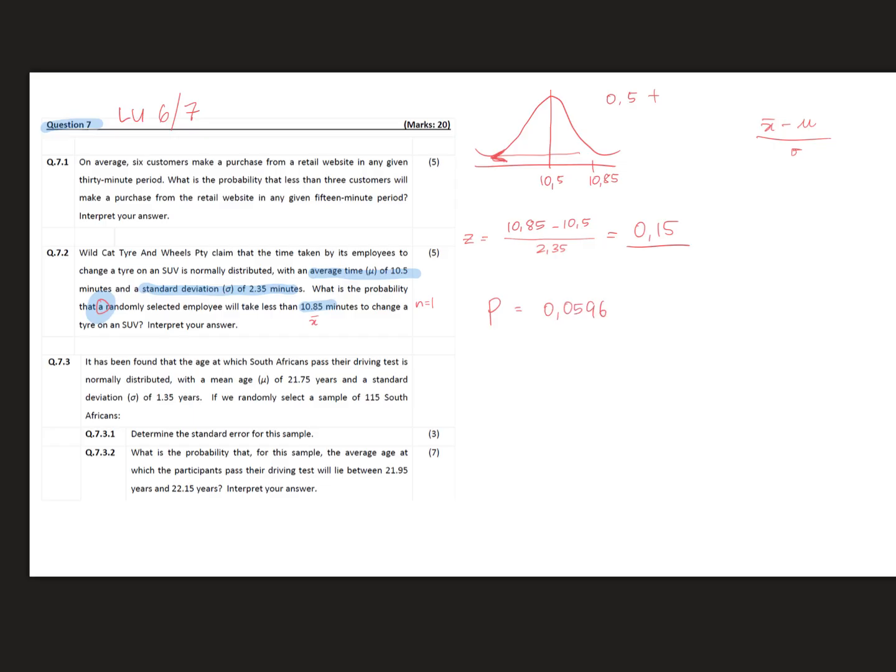Now, once we have the 0.0596, all you're going to do is go back to that rule that we identified at the top, and say that therefore this means 0.5 plus this answer of 0.0596 is equal to 0.5596, and that's your final answer, which you will now make a percentage in your interpretation.